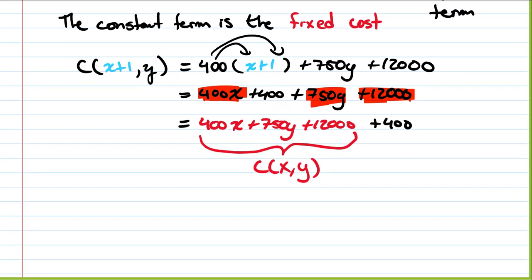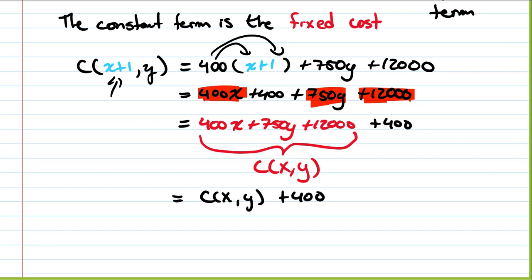So now, if I write this down, that gives me C of x, y plus 400. So if we go back to the very beginning, what was it that I did? I replaced x with x plus 1.